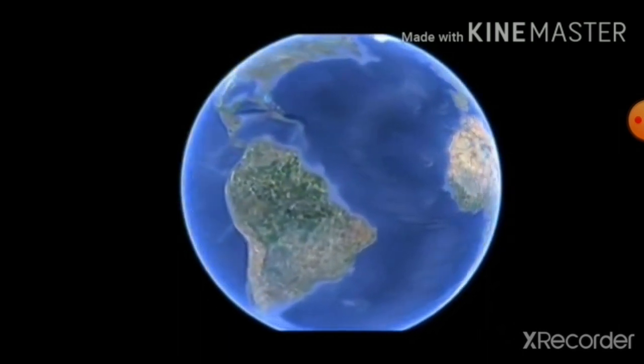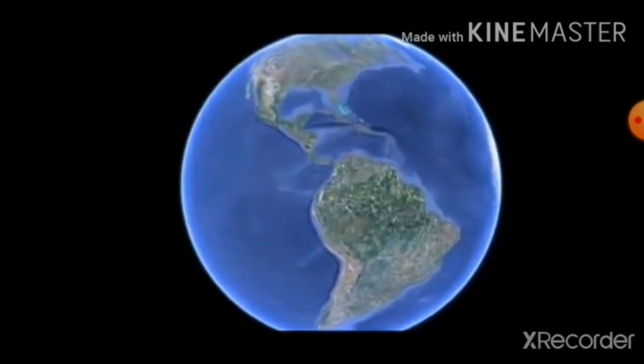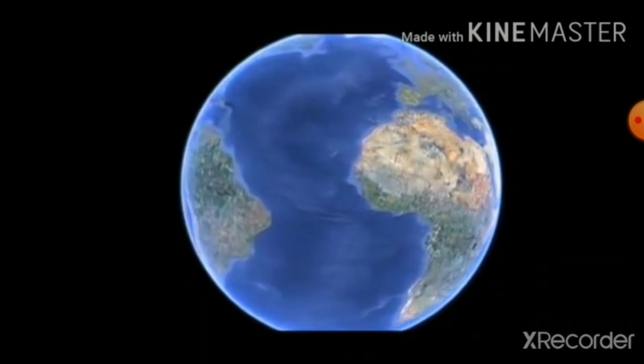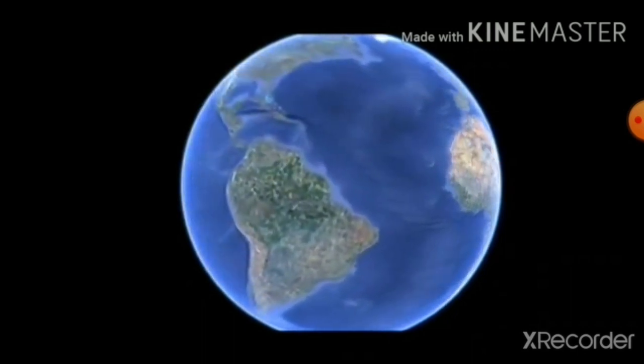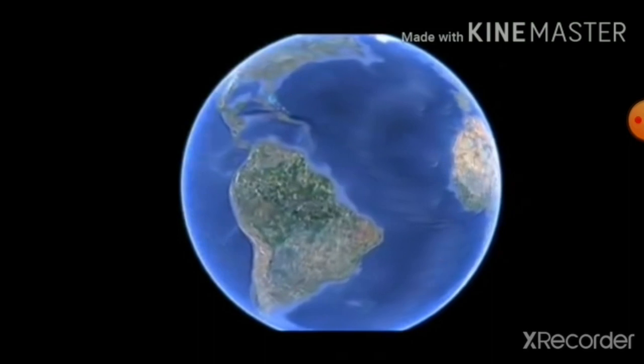Now, the spherical representation of the Earth is called globe. That means the small model of Earth is called globe. Now, what is globe? We will see in our next part.